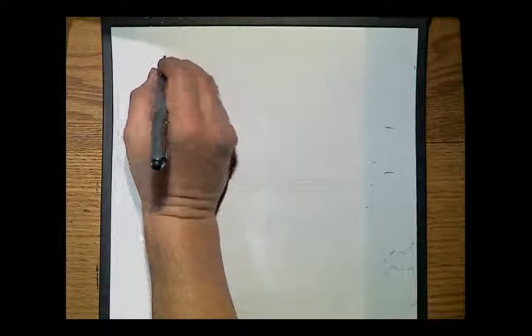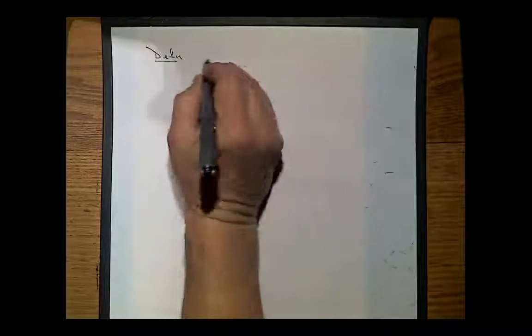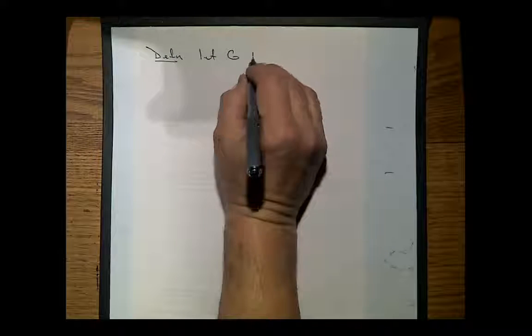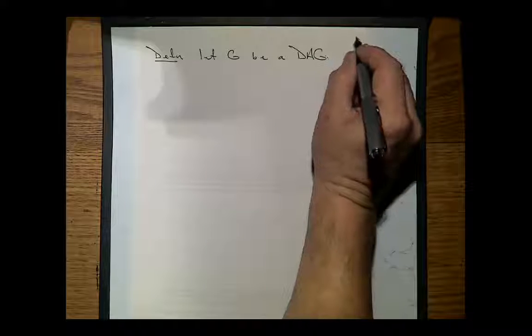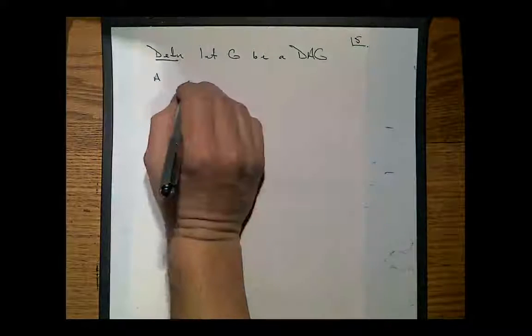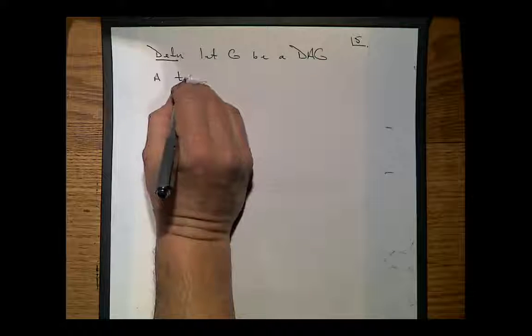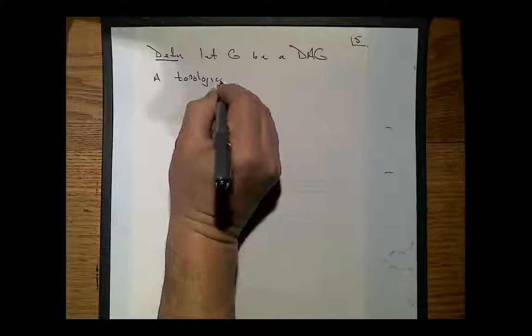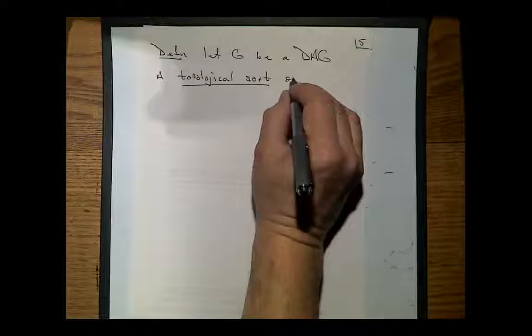Now, what's a topological sort? Let G be a directed acyclic graph. A topological sort of what? What are we sorting? A set. What set?